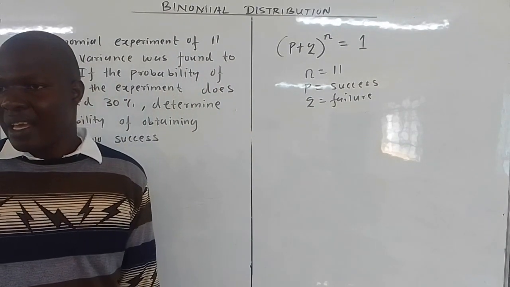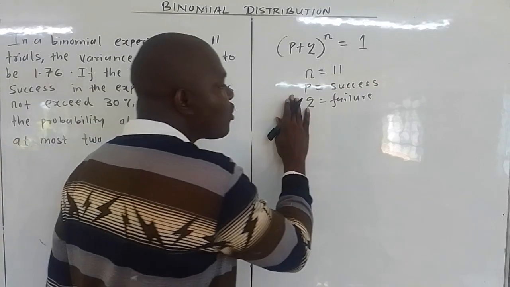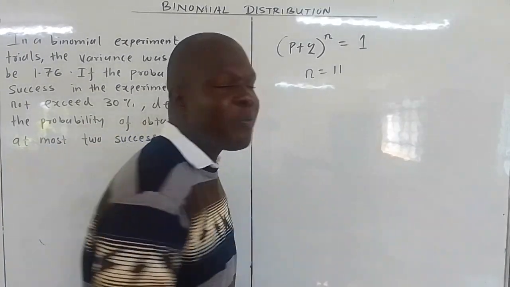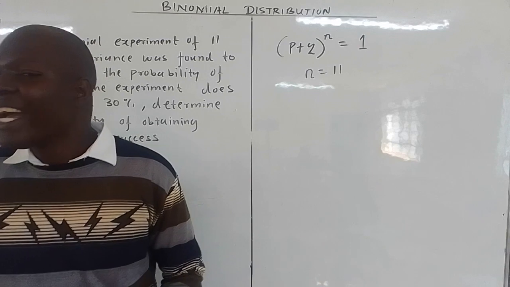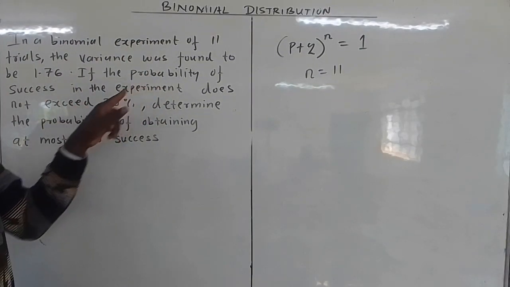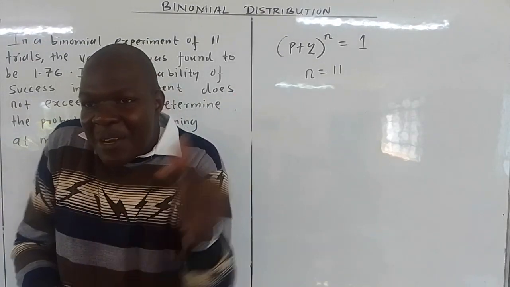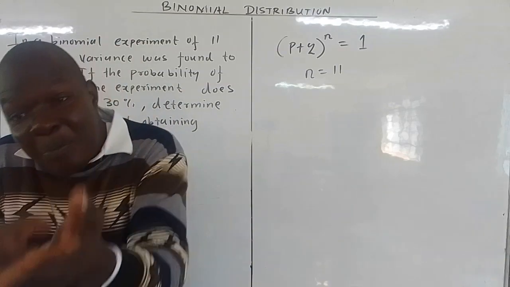Are we together? Now, before we define, let us not first of all decide p to be the success and q to be the failure. That definition is going to be made once we've seen which one does not exceed 30%. So if p does not exceed 30%, then p becomes the success.